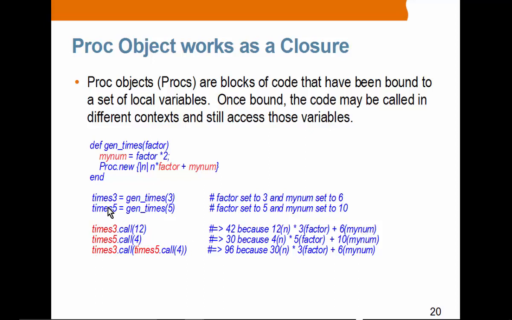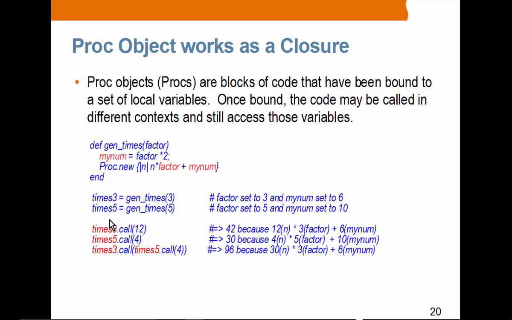Now let's take a look at this example. We are going to call gen_times passing the value 5. So factor is 5, and mynum is 10 because we set it to factor times 2. Then the proc object gets created. When this proc object gets created, the values of the local variables factor and mynum are remembered as 5 and 10.